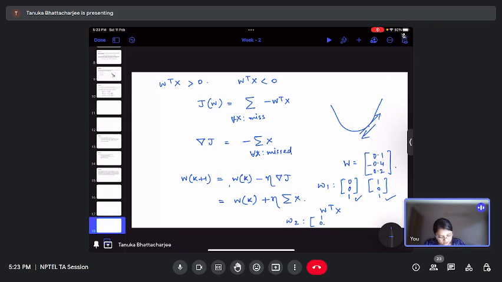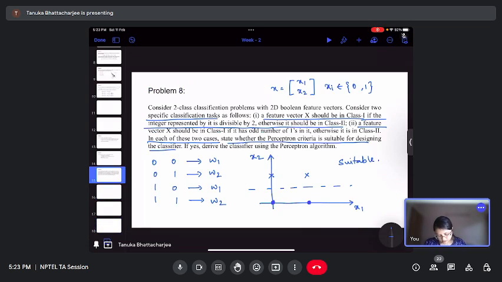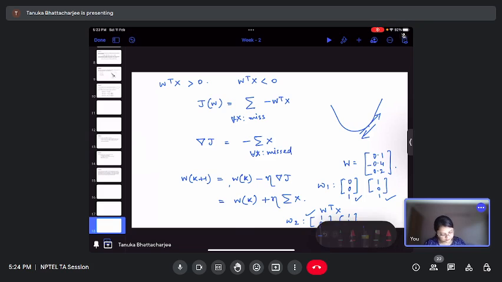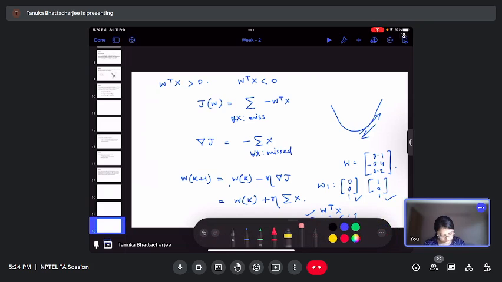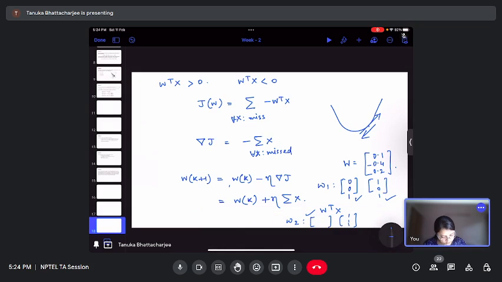Samples are 0, 1, append 1 and 1, 1, append 1.